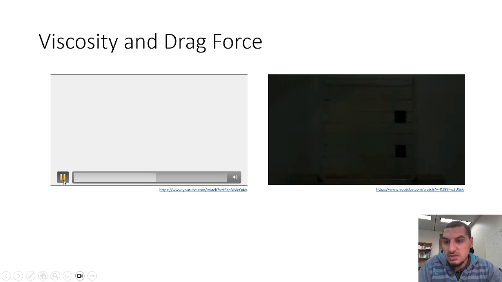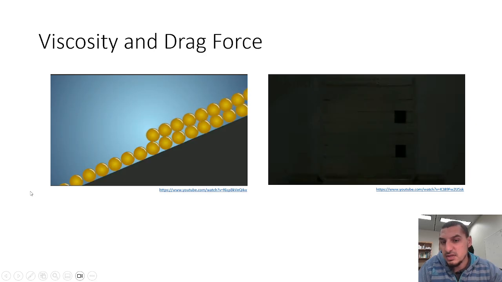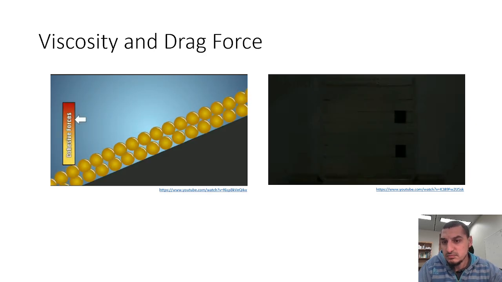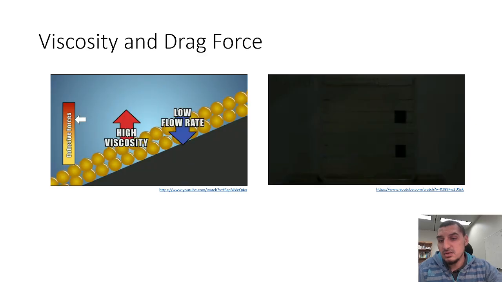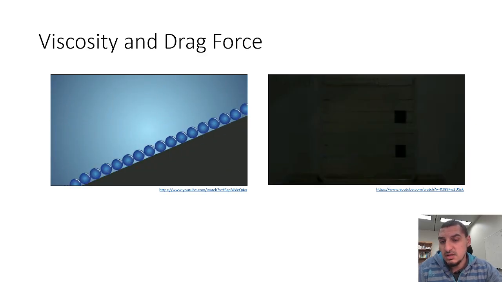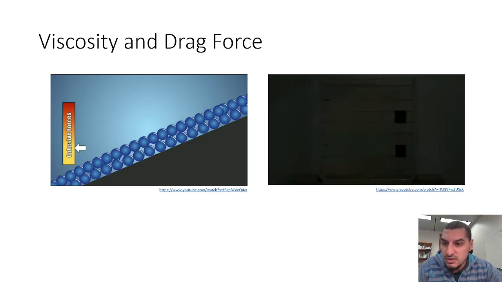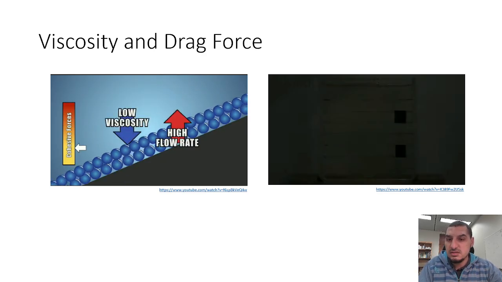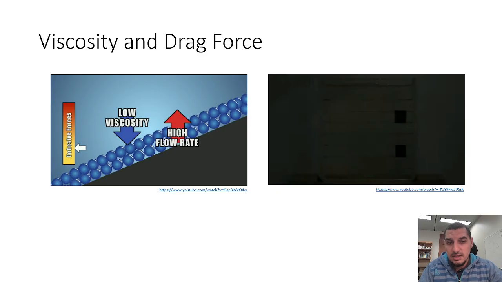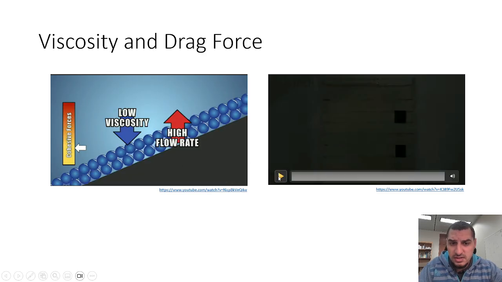So this is what you'd see here: if it's a fluid that has high viscosity, then the cohesion force between the particles is strong, and this makes the sliding of one layer on the other hard. So it takes a long time. And in case of low viscous fluids, the cohesive force is not that strong, so the viscosity is low, and then the fluid can travel with high flow rate, which is a very interesting thing.